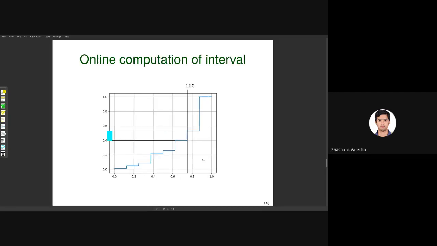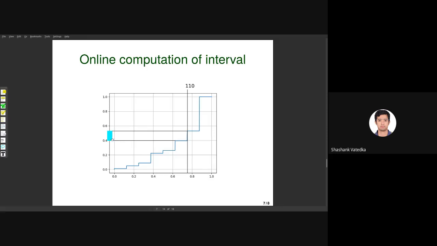Right? But one very important point to note is that ultimately, if we're interested in constructing the codeword for, say, 110, then it's enough if we know p of xn, so p of 110, and this interval. Because we need to find out the midpoint of this interval and then look at the binary format of that.